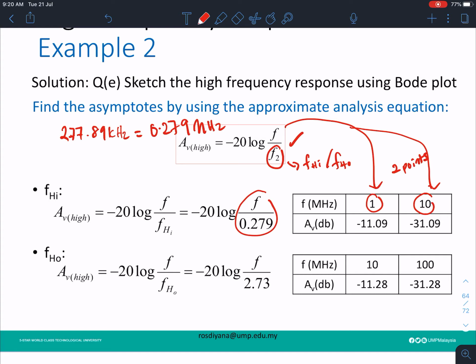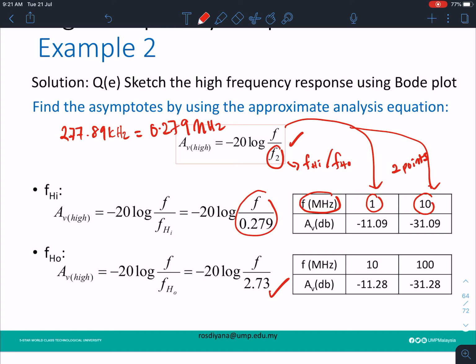Now, why did I change to megahertz? It is better because the largest value now is in megahertz, which is 2.73 megahertz. Our scale in the semi-log graph, the log scale, has its maximum value in megahertz.